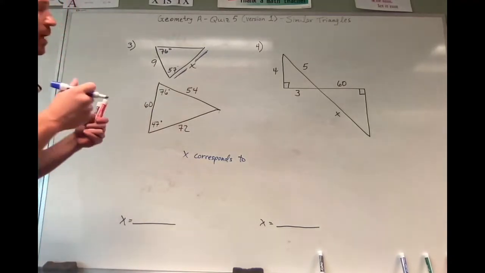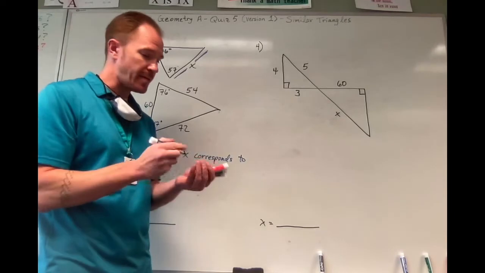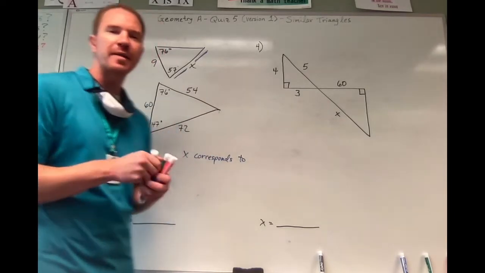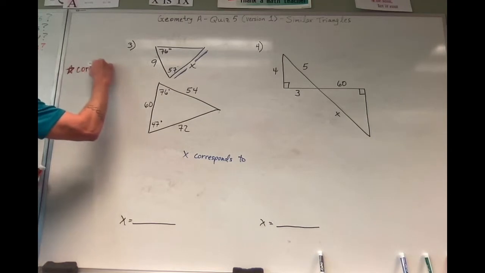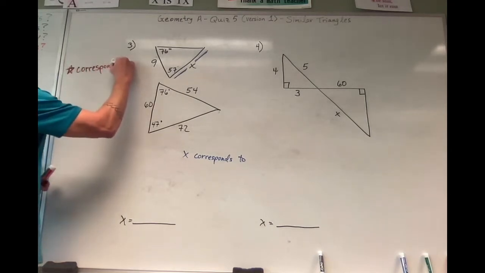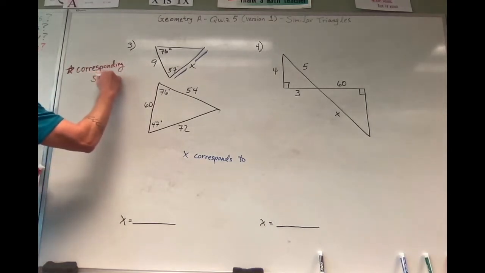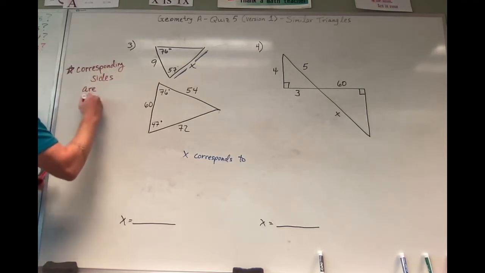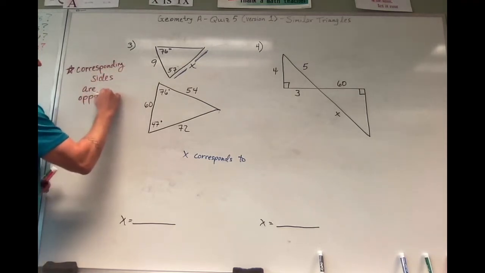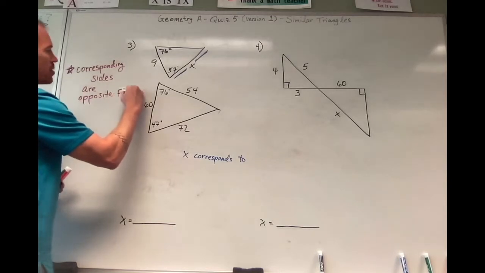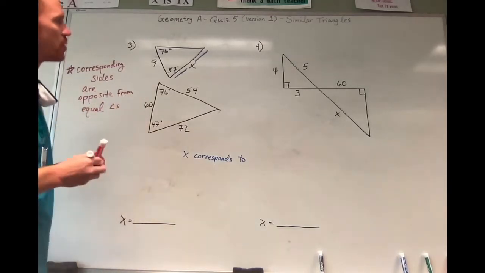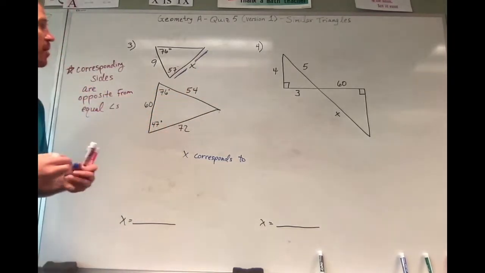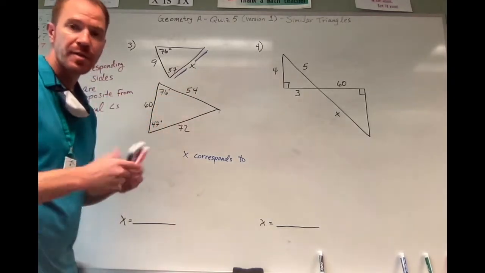And if you remember, I erased it, but I shouldn't have. Corresponding sides are opposite from equal angles. So x is a side length, and I can talk about the angle that it's opposite.